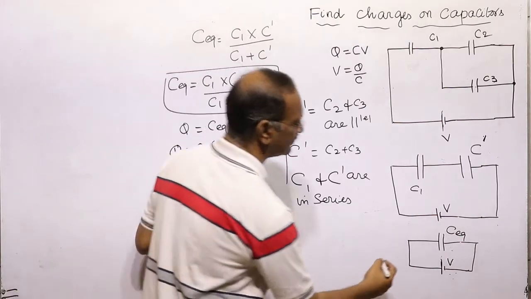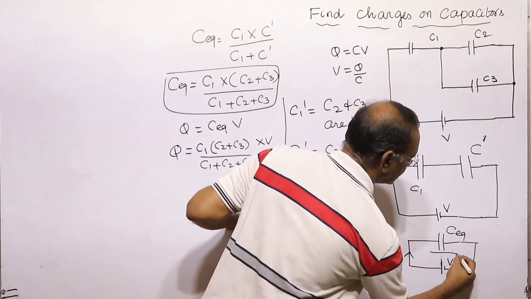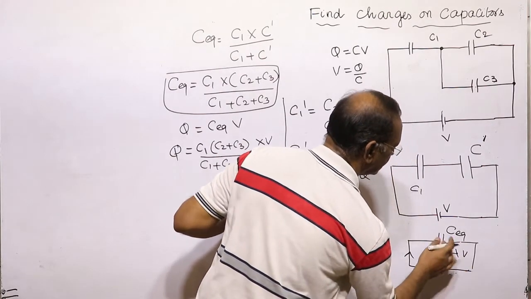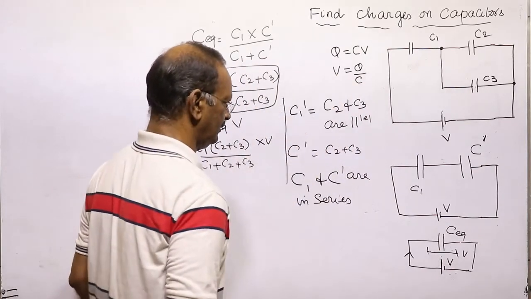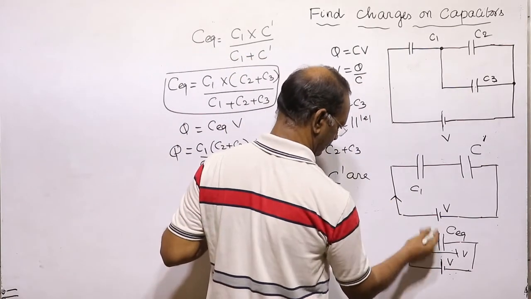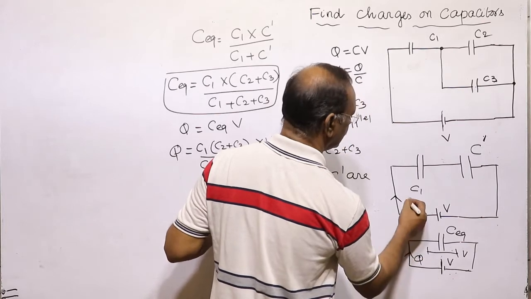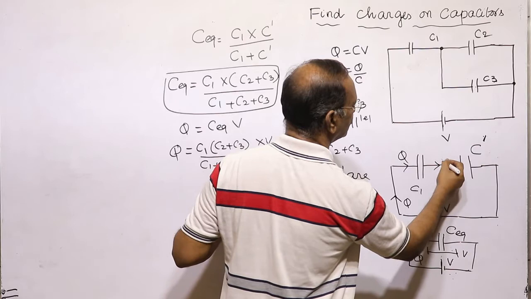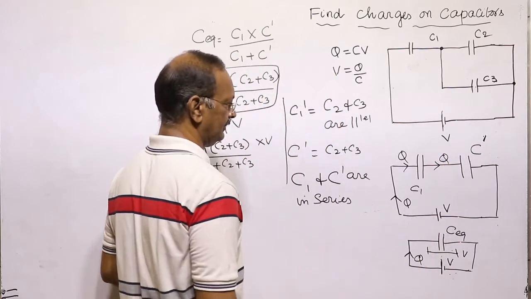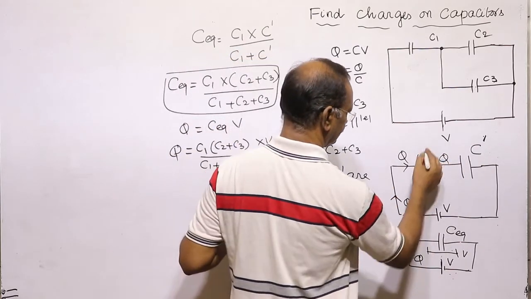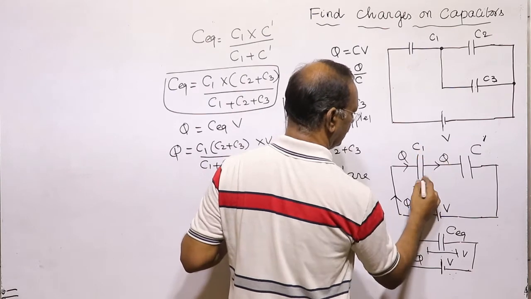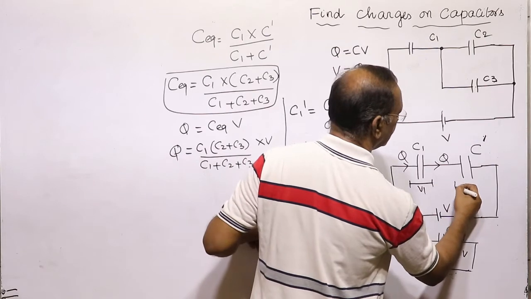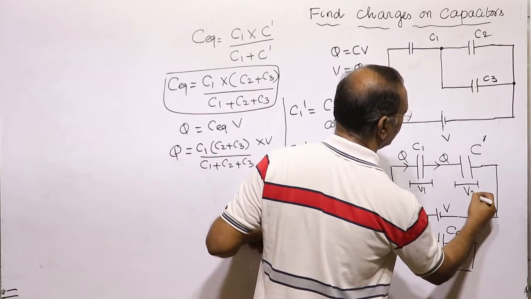So this charge goes on this one and this potential is applied on C equivalent. Now this is Q. Since this is a series circuit, the same charge will flow in both, but here there will be a voltage V1, and here there will be voltage V2.